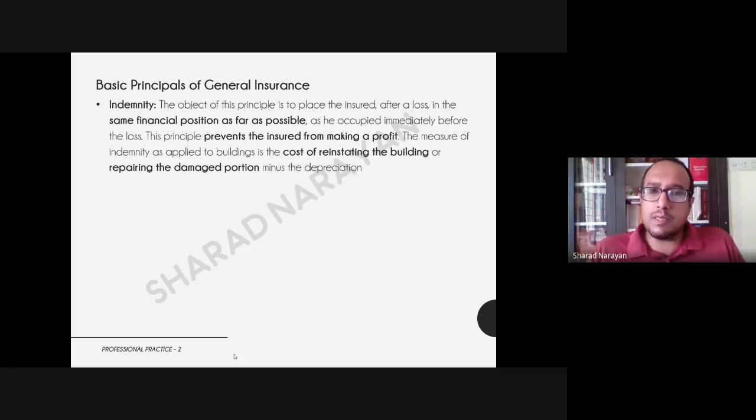It stops him from making a profit because of the loss that is suffered as a part of this accident. The measure of indemnity as applied to buildings is the cost of reinstating the building or repairing the damaged portion minus the depreciation. We talked about this earlier, insurable value, correct?